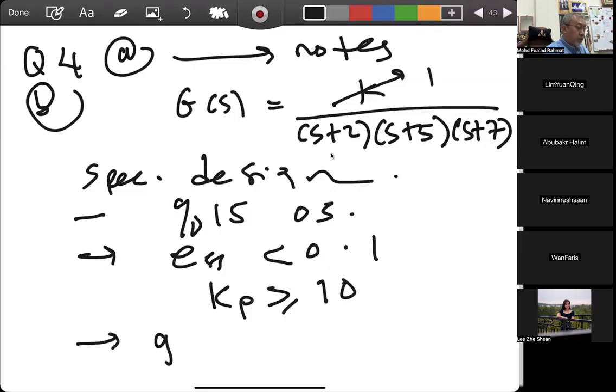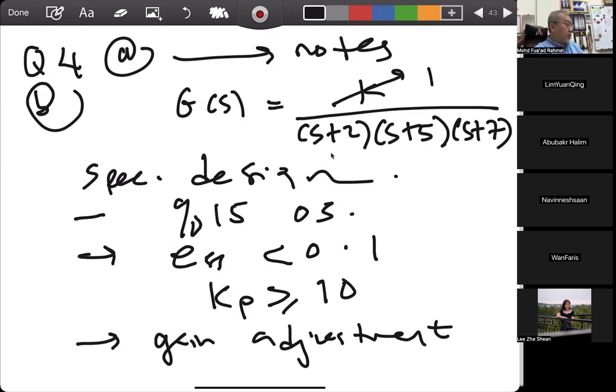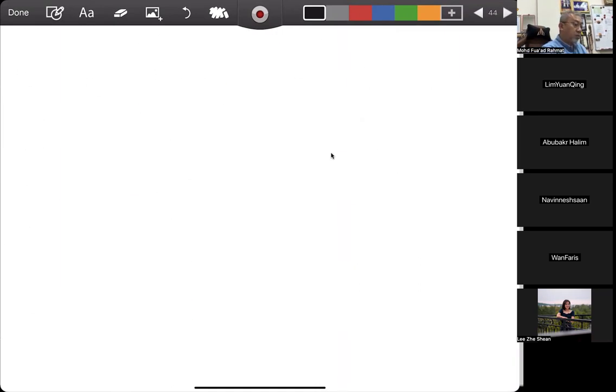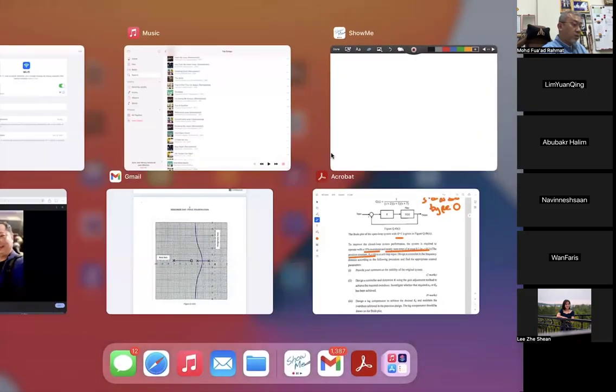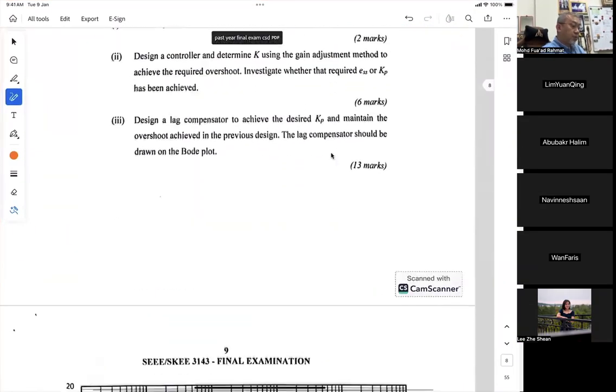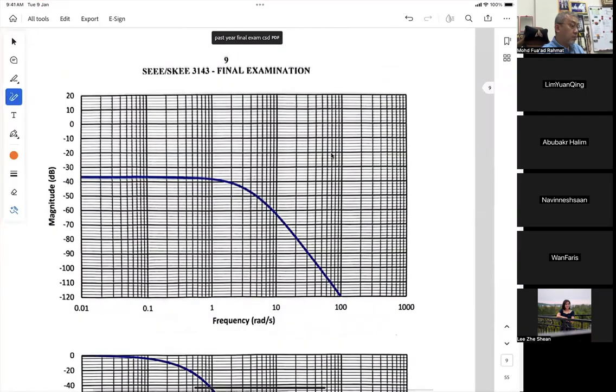Then gain adjustment. Okay. So provide your comment on the stability of the original system. Okay, by looking at the graph here. Zero dB.